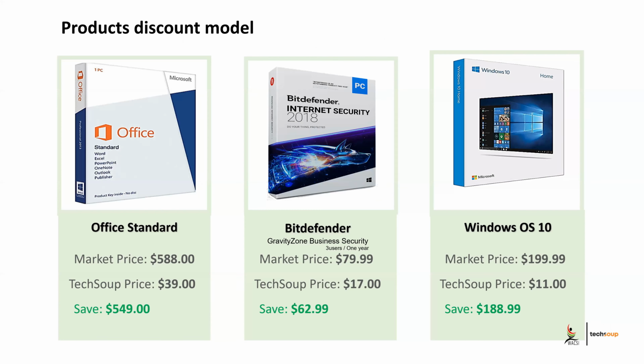So you are saving $549. If you look at Bitdefender Antivirus, and the work that Bitdefender Antivirus does is really great. It helps secure your computer from cyber attacks and any other attack that you might encounter in the digital world. You are saving $62 for that when you acquire it through Techsoup.